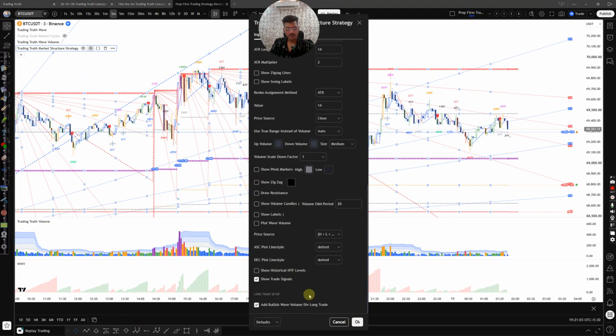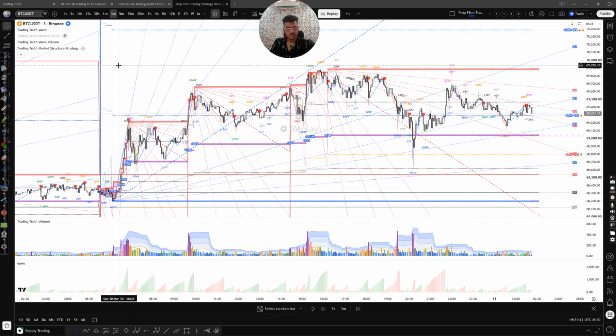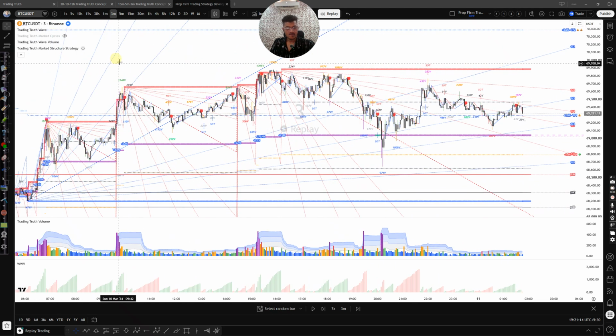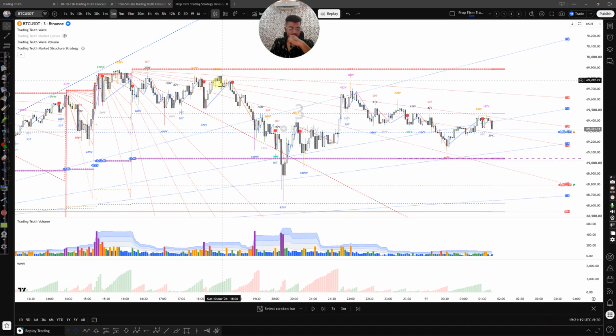Can I plot historical STF levels here? No. Hmm. It's basically giving me a trade on every more effort less result. I need to debug that. Why is that the case?